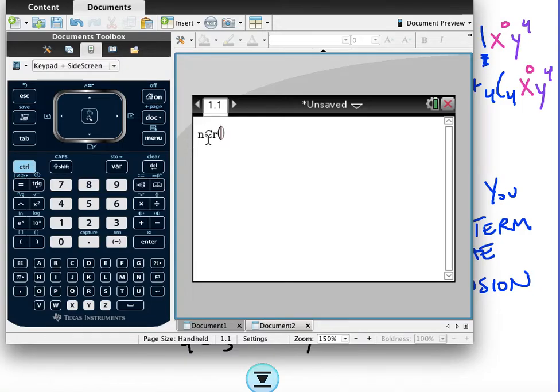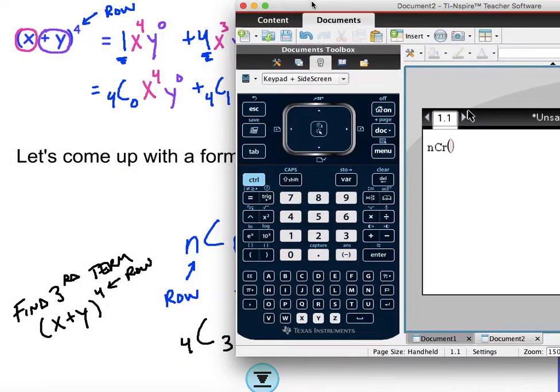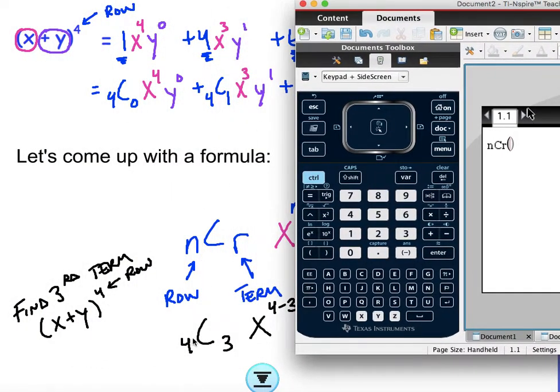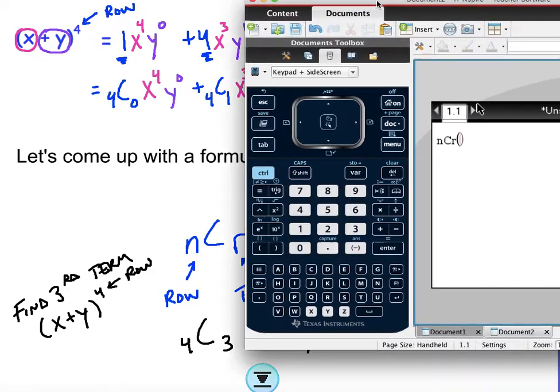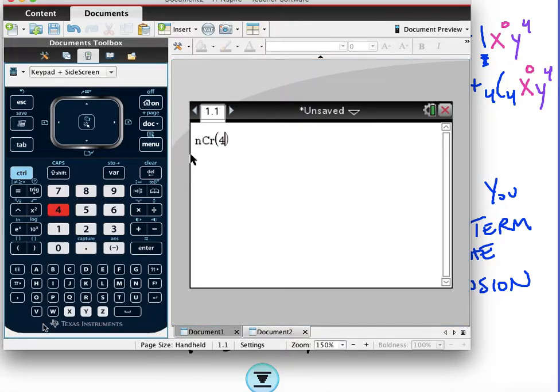And then you get this N choose R with parentheses. And in the parentheses, you have to specify what the two numbers are. So in this problem, we're doing 4 choose 3. So I have to indicate that I need N to be a 4 and R to be a 3. So I do that and separate it by commas. So this will represent 4 choose 3.